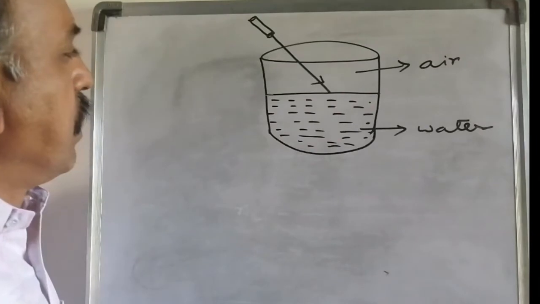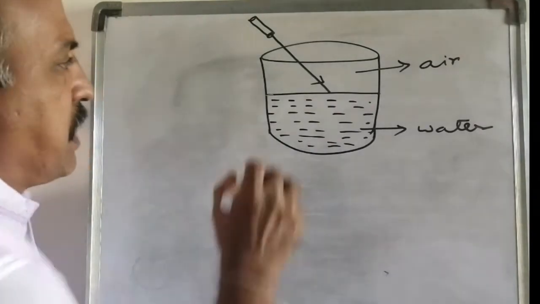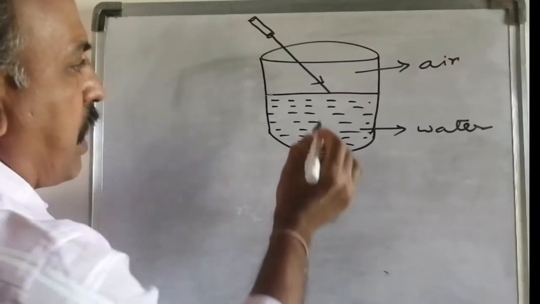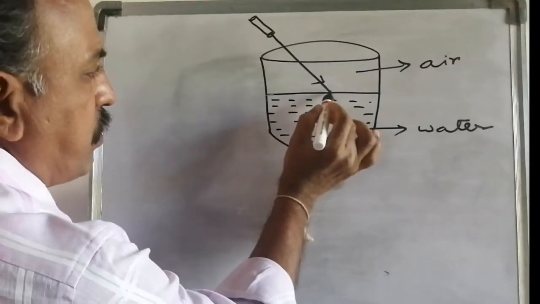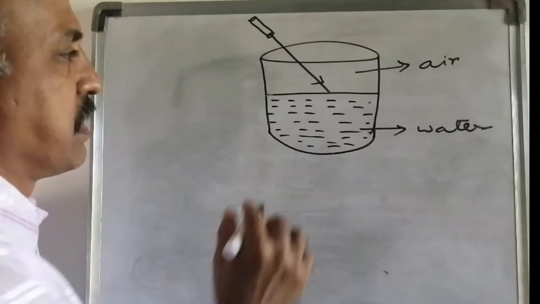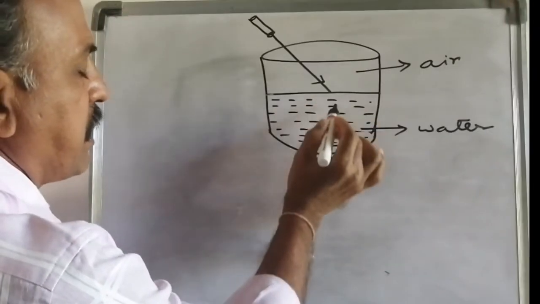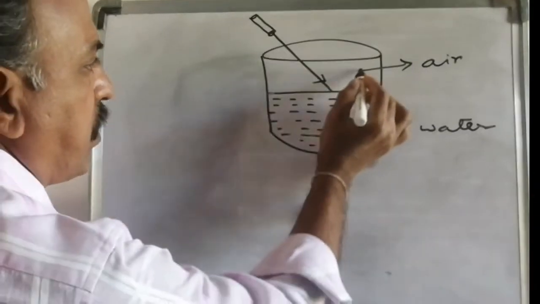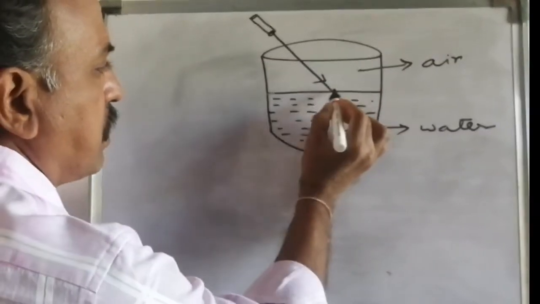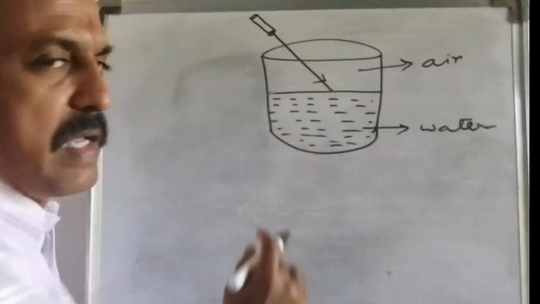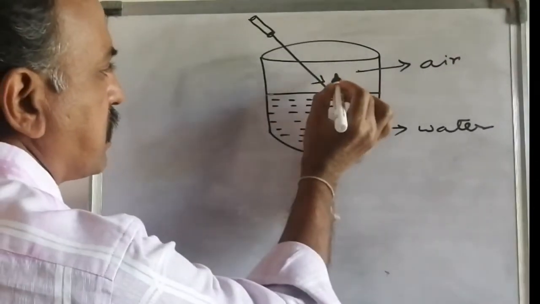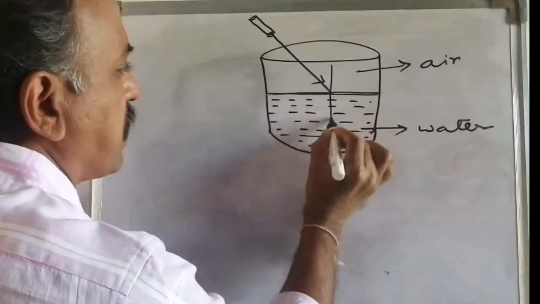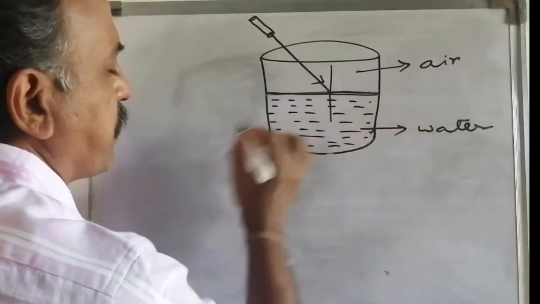Now the light beam is passing in air and touches the interface, the separating line of air and water. This point we call the incident point. So we draw a normal to this interface.